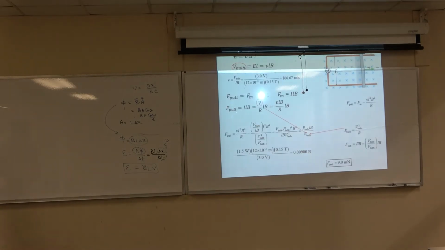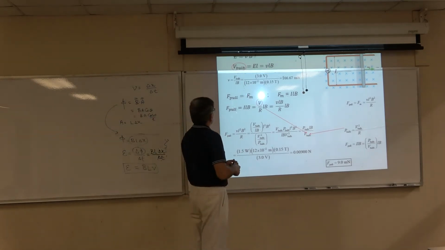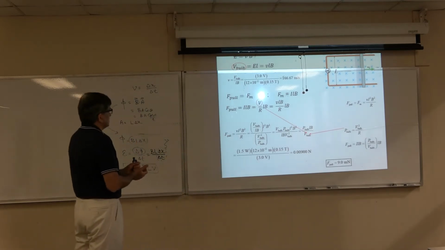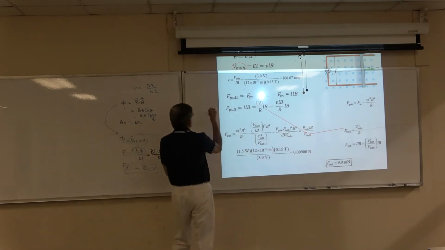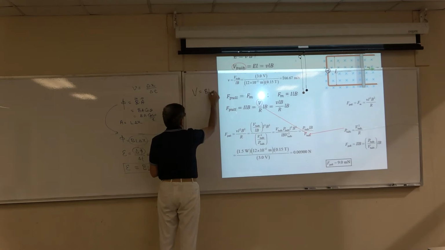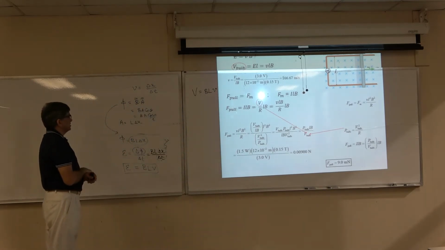So what we know from here: a few things are needed in order to find the velocity. How do we find the velocity? We know the EMF induced, which is the voltage, is equal to B L times V. We learned that earlier.